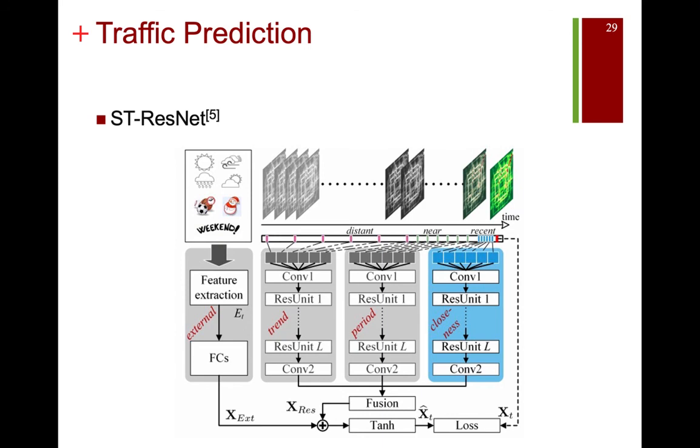So this is the basic idea of the ST-ResNet model. And actually, there are some other traffic prediction models that apply different kinds of deep learning techniques, such as the RNN, the graph convolutional network, and some hybrid models that combine multiple deep learning models.